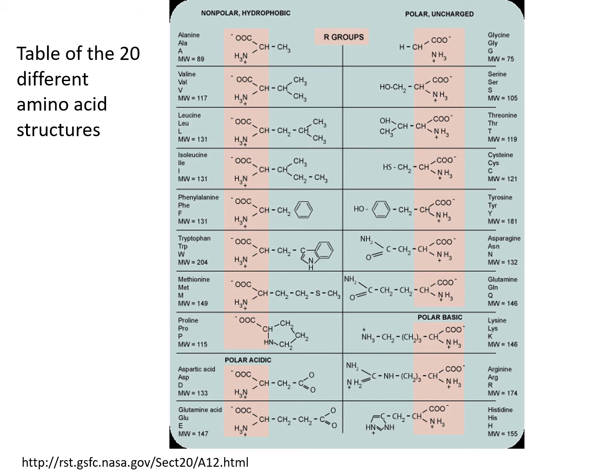Then you'll see that there's a side group called a side chain or an R group. I'm not really sure why it's called R, but it is. That R group is what makes the amino acids different. Every amino acid shares the part shown in pink, and the part shown in blue is unique to every amino acid. So that means that some amino acids have different properties than other ones.